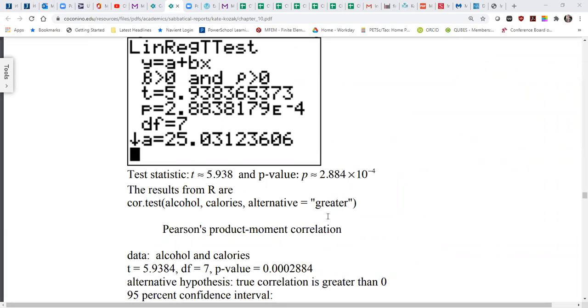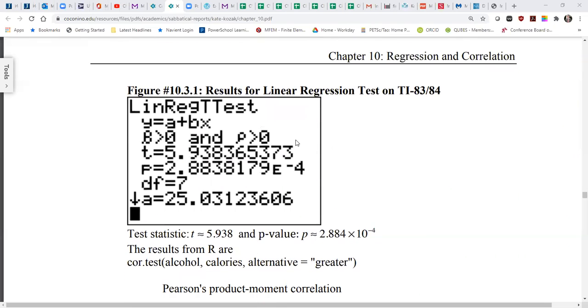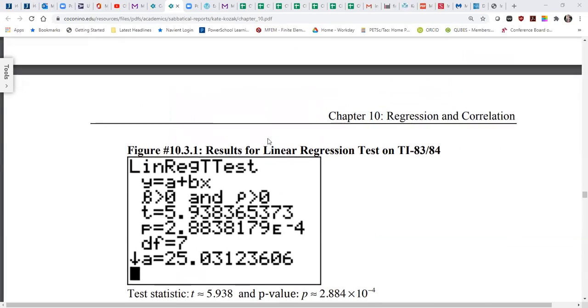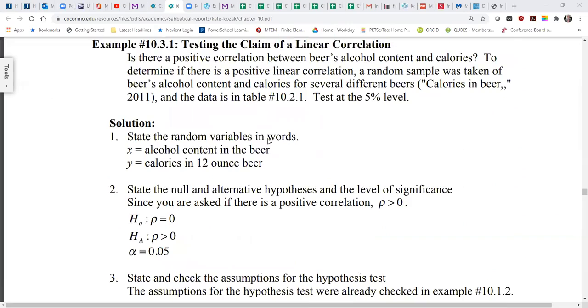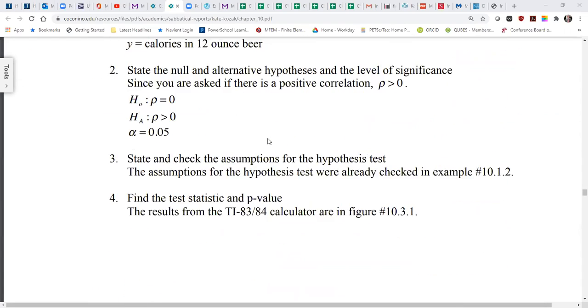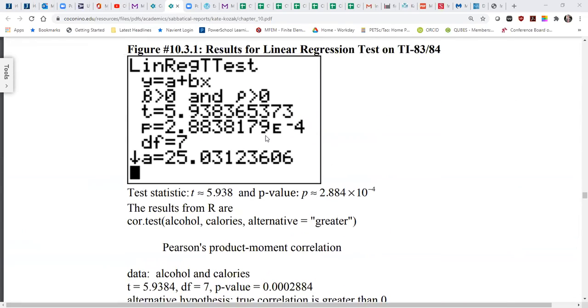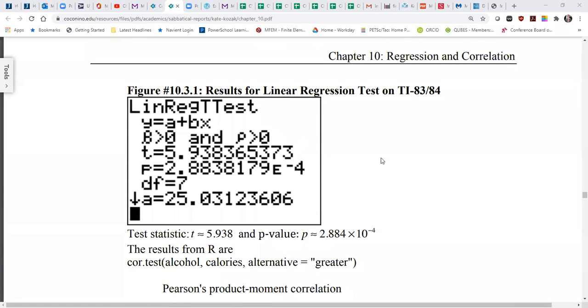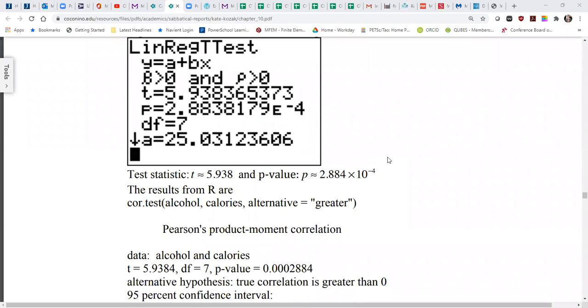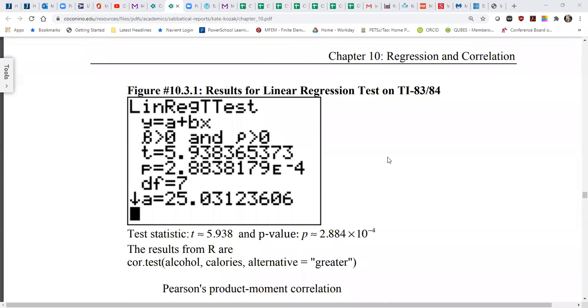And if you want to use R for the test here, you need to pick what? R greater than 0, right? So the T is the test statistic and the P is the p-value.